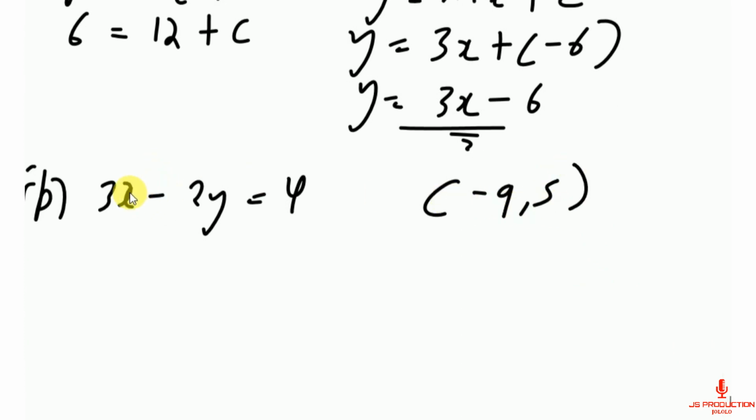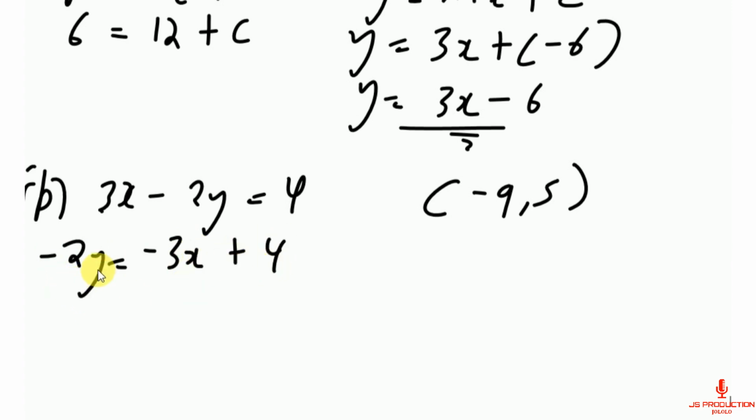The first thing that we are supposed to do is find the gradient of this line, and after finding it, we are supposed to find the gradient of the line that is passing through (-9, 5). For us to calculate the gradient, we change this equation into the standard form. So we can say -2y is equal to -3x plus 4.